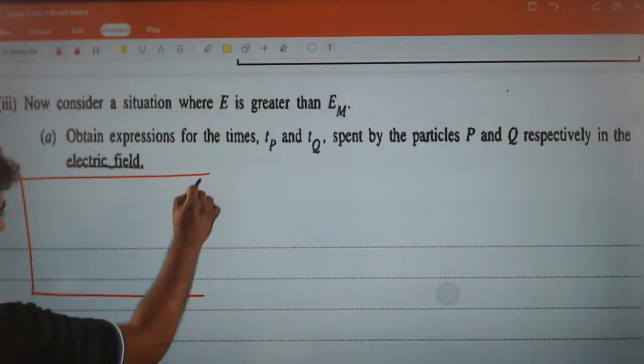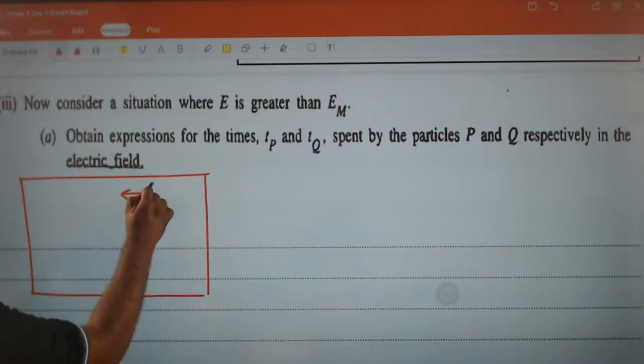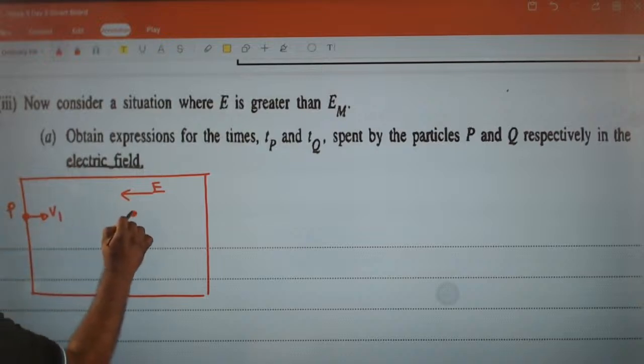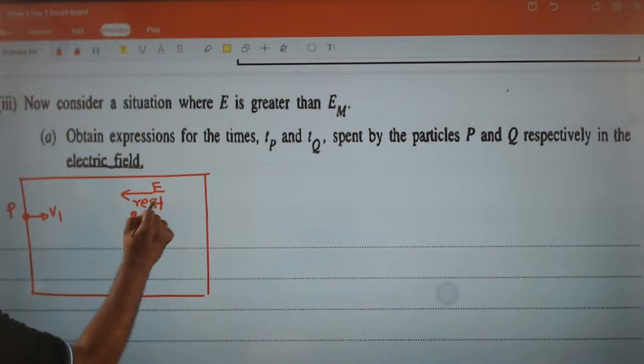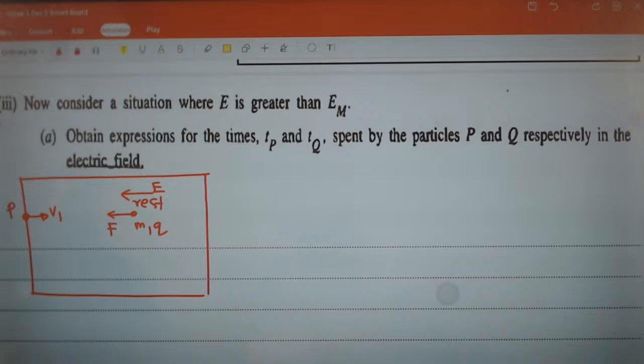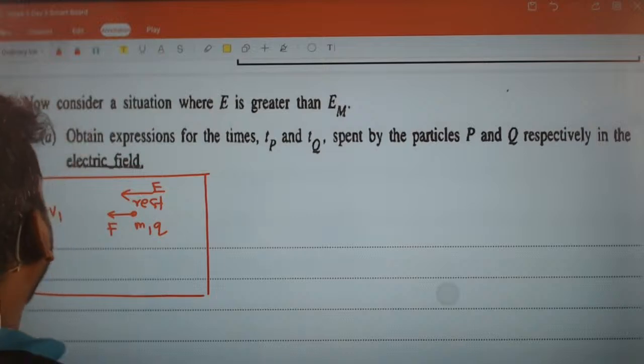Right. Let's draw this. Now E is going to be larger. So with velocity v, this particle will stop somewhere here. The force is still acting, mass m, charge q. Obtain the expressions for time Tp and Tq spent inside the field.